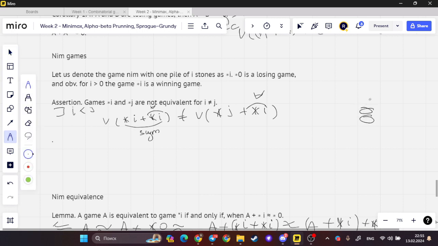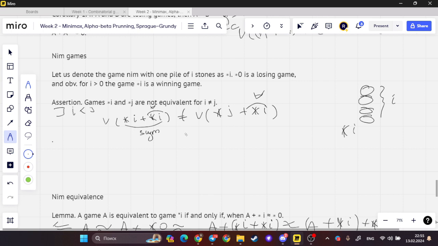If we have a nim game and there is only one pile, we define this game like this on E stones. All of these games are winnable because we can just take all the stones.